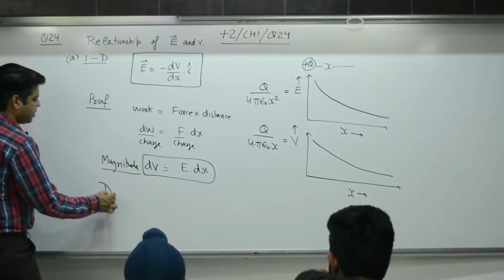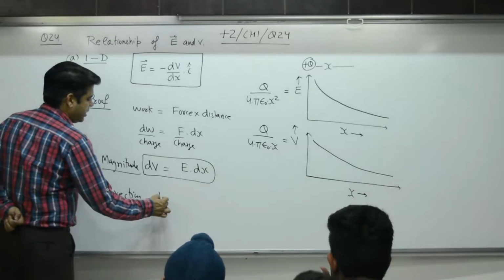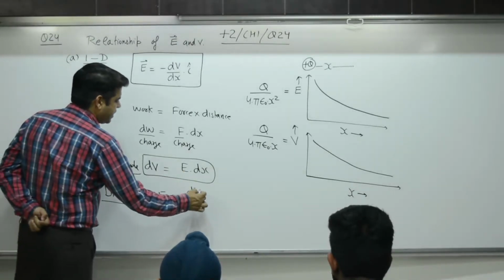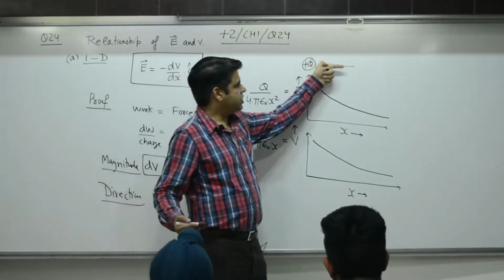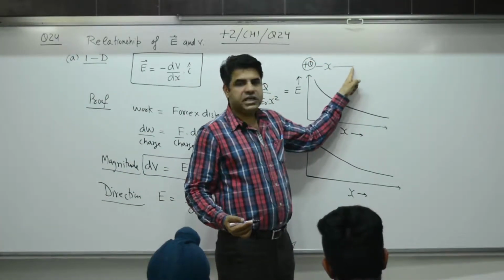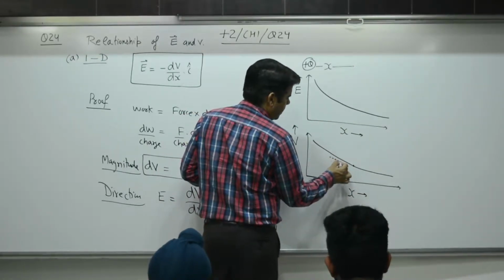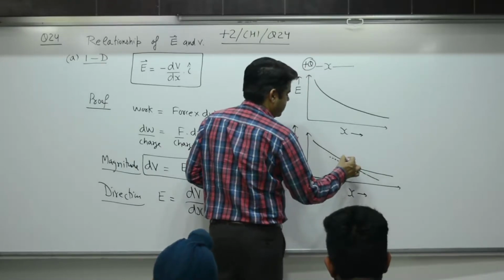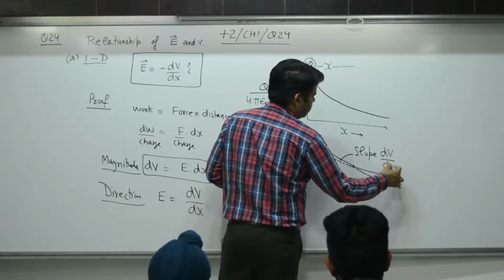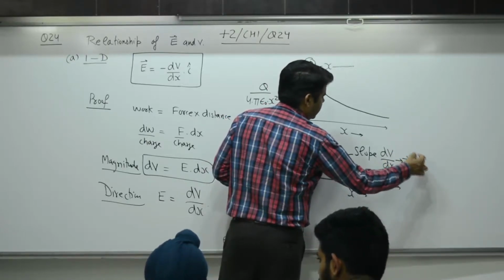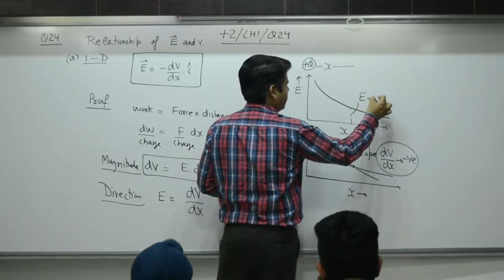But if you take the direction into account, then magnitude-wise E is dV by dx, but the slope dV by dx is negative while E at this point is positive.